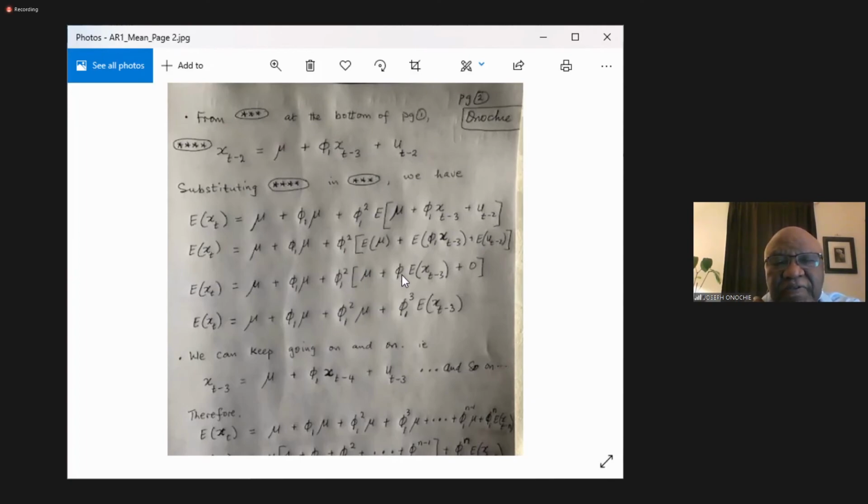Phi1 squared times phi1 is phi1 to the power 3 times x_{t-3}. Guess what I'm going to do next? I substitute for x_{t-3}. So x_{t-3} is mu plus phi1 x_{t-4} plus u_{t-3}, and so on, and so forth.